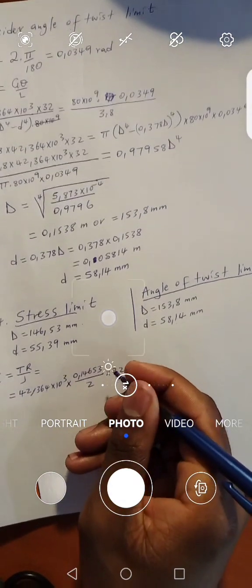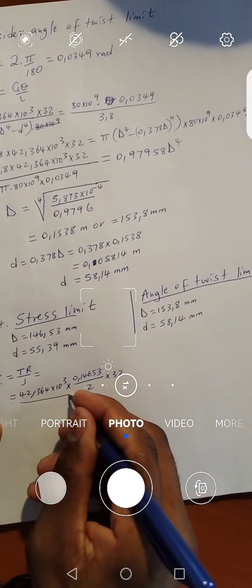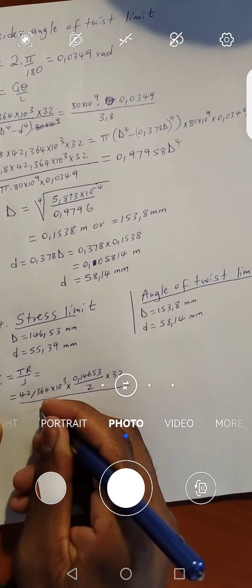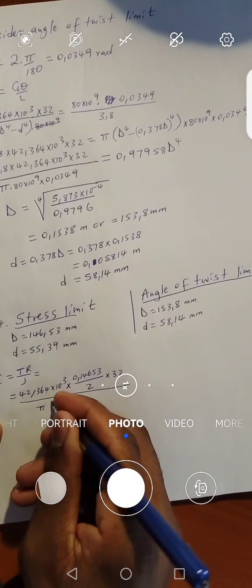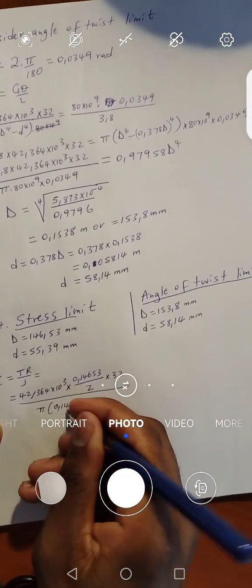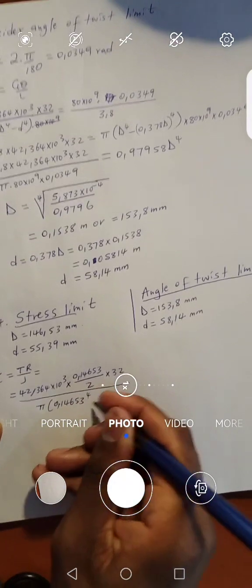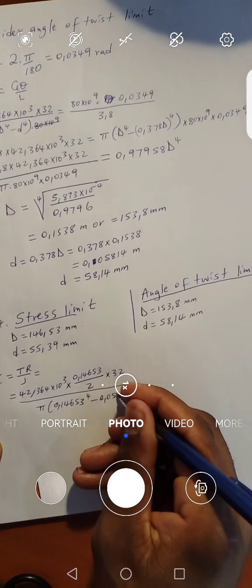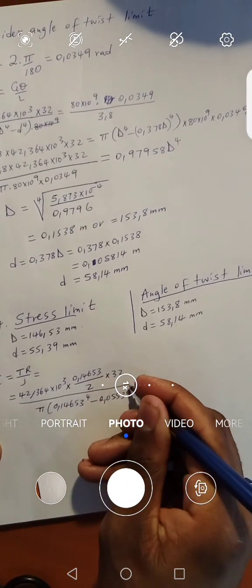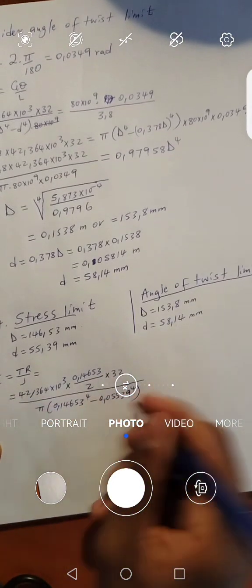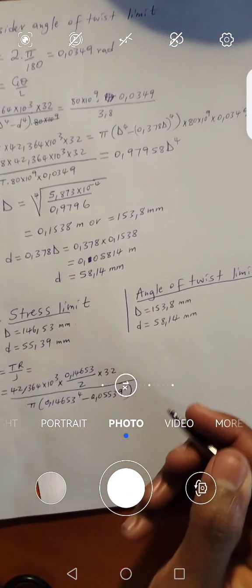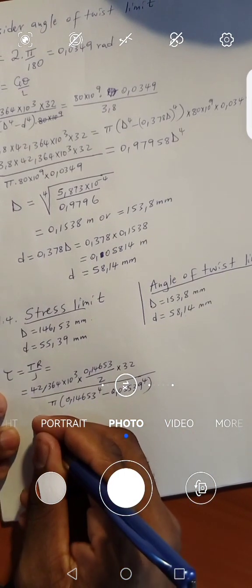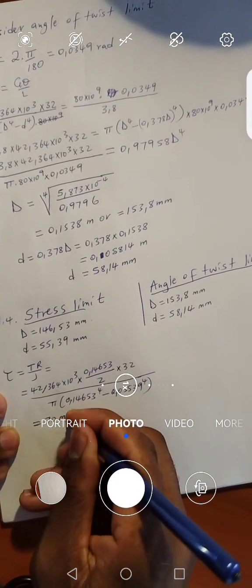This 32 is coming from the polar moment of inertia. Remember, for a hollow shaft you will have pi, capital diameter to the power 4 minus small diameter to the power 4, over 32. So this 32 is coming from there. Then you will get 70 MPa.